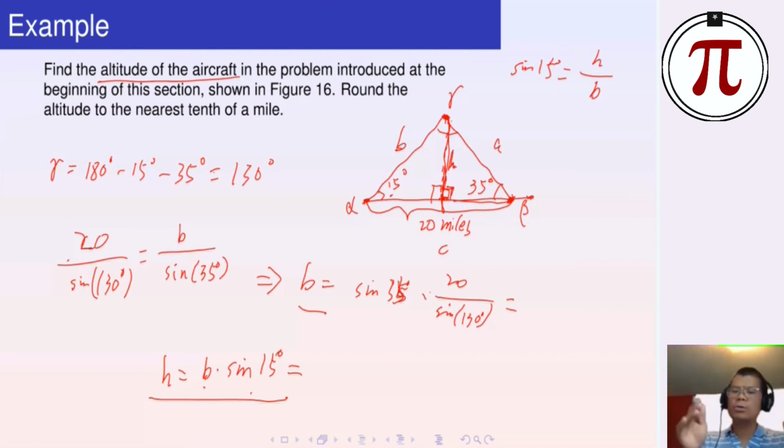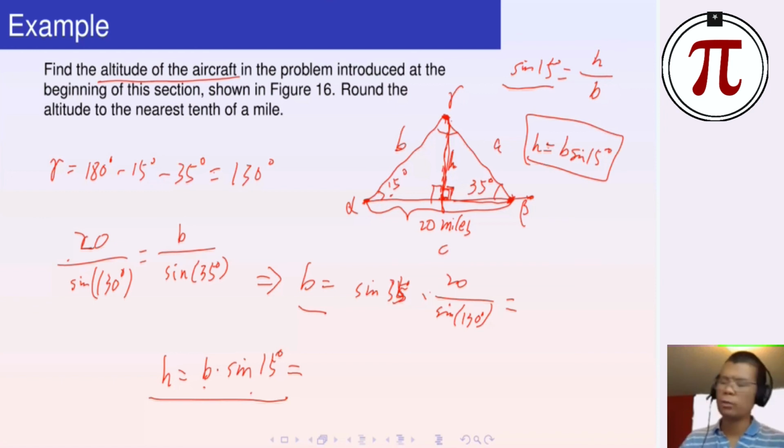So you got to use the notation. Based on this notation and using the right triangle relations, sine 15 is h over b, then h equals b times sine 15. Right? You always base it on the right triangles, the geometry, correct?